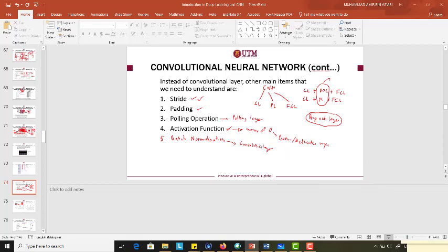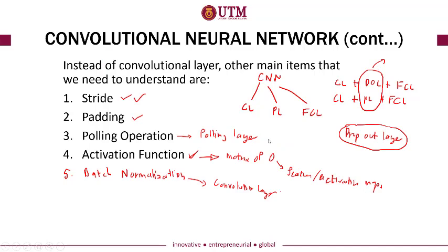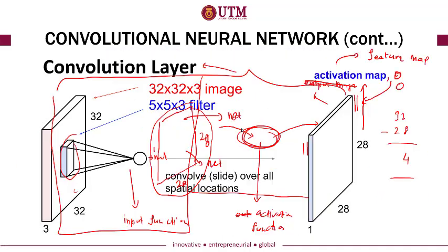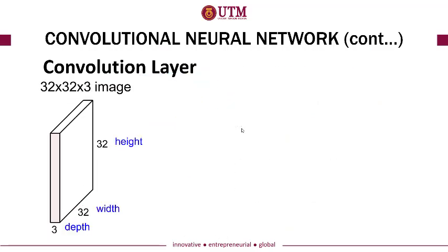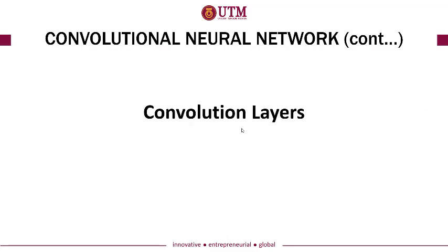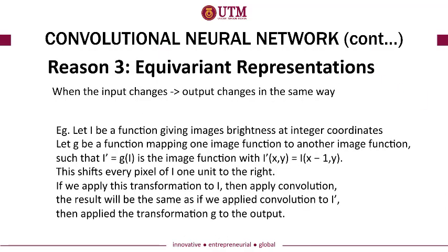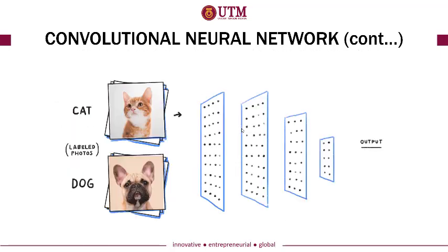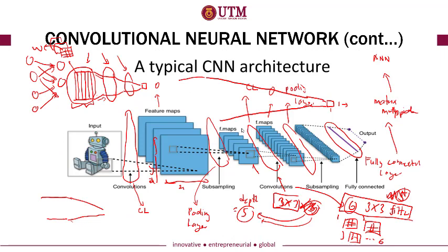If you go back to our example CNN architectures in this slide, the pooling layer is the one that happens at this subsampling.